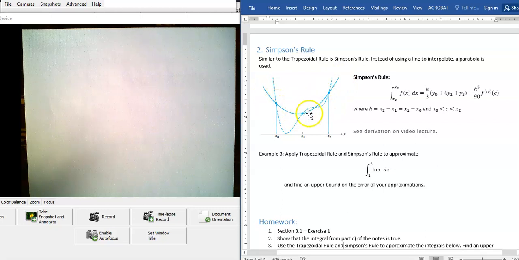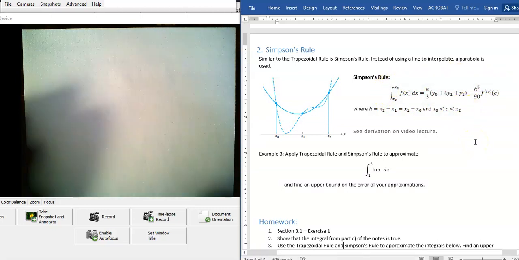We look at 3 points on the function, draw a parabola between them, and estimate the area that way. You can see here that this would give us a better approximation to the area for this function. Simpson's rule gives this formula here, which we can derive in a similar way.